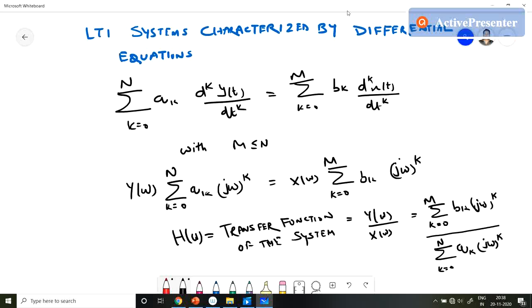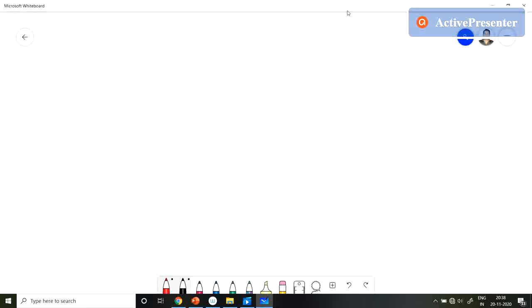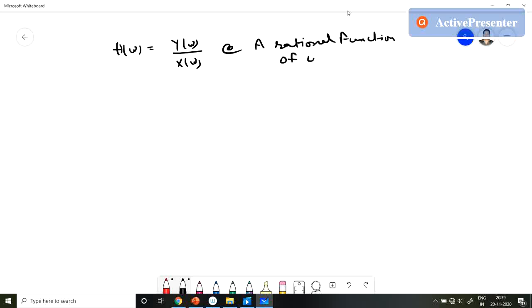So that expression tells us that H(omega) equals Y(omega) divided by X(omega) is a rational function of omega. So H(omega) is equal to H(s) when s is equal to j omega, that is H(j omega).